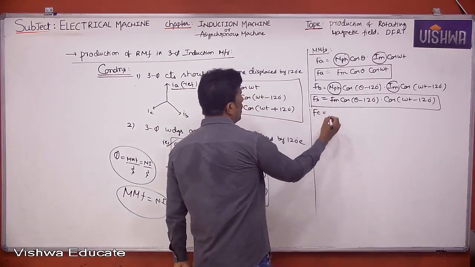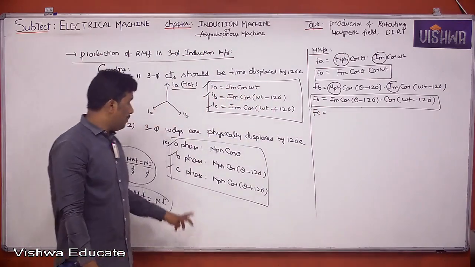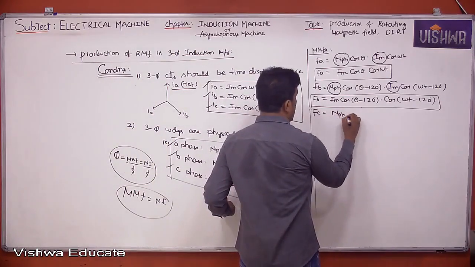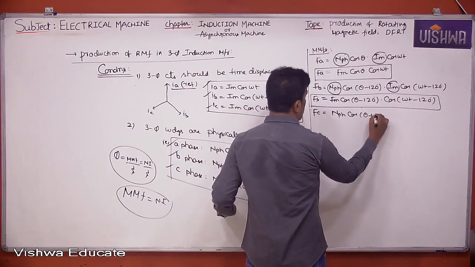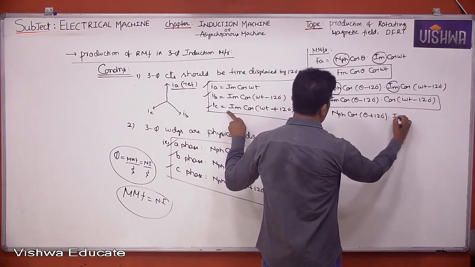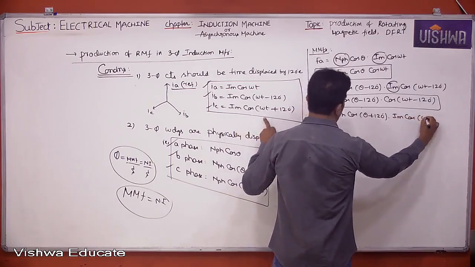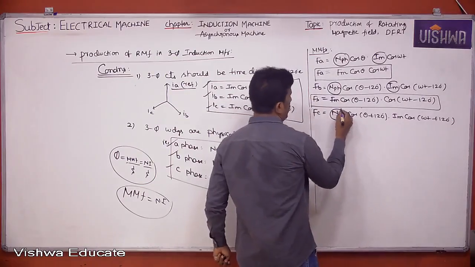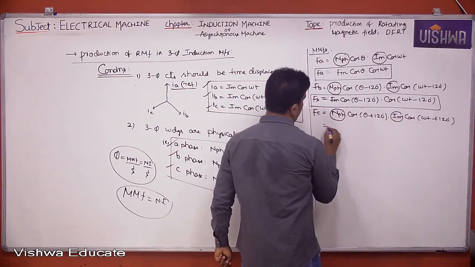Similarly, tell me what would be the MMF due to C phase. Number of turns in C phase, N phase cos of theta plus 120. What about current in C phase? Im cos of omega t plus 120. So once again, N phase into Im can be written as Fm.